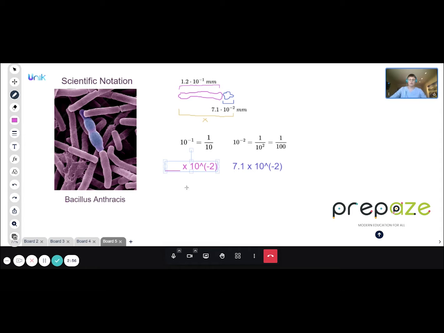So originally, we had 1.2 times 10 to the negative first. 10 to the negative first means we move 1 decimal place in the left direction. So really, the quantity of our pink bacterium, how long it is, is 0.12 millimeters. This is our value that we're representing through scientific notation. But we want to represent this value with 10 to the negative second.